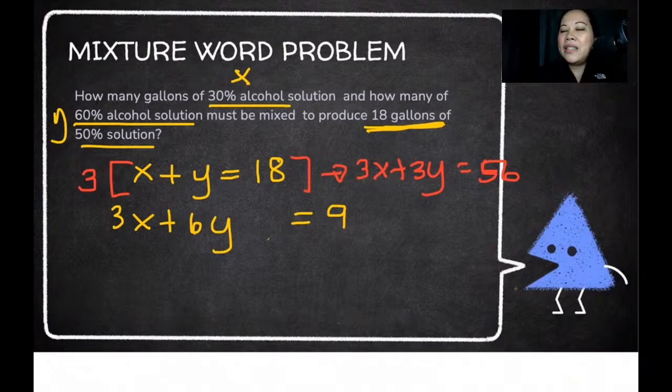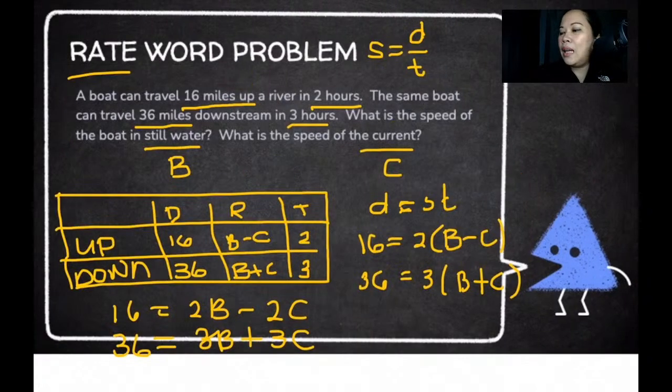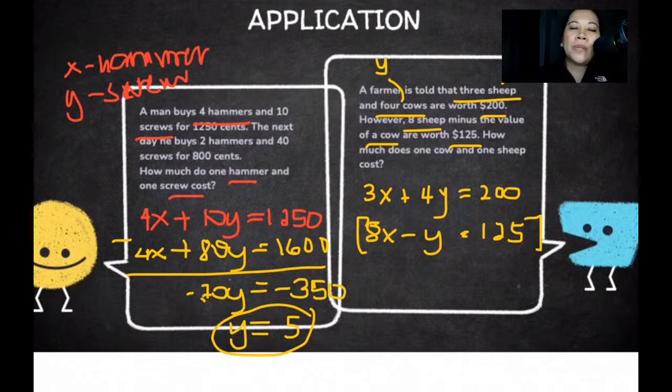If the given is a simple number like adding, all you have to do is x plus y equals whatever is the total number. If it is about money or about mixture or about number of worth of, then all you have to do is multiply, like 3x plus 6y equals 9, or 3x plus 4y equals 200, 8x minus y equals 125.